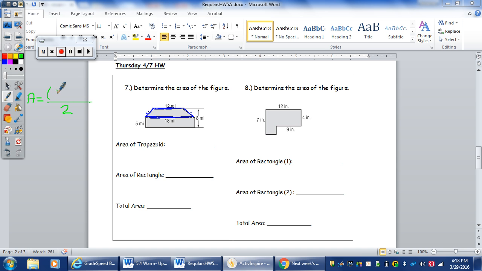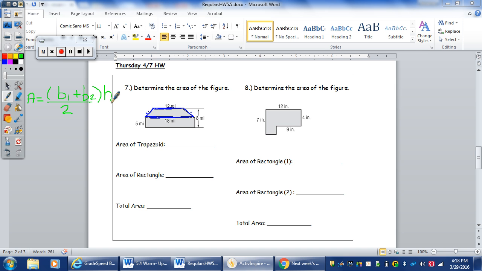We know we're going to take base 1 and add base 2. Remember, the bases are your two parallel lines, so be careful with that. Then, after you add the bases, as always, you're going to do base times height in every formula. And then, in a trapezoid, we're going to divide by 2.